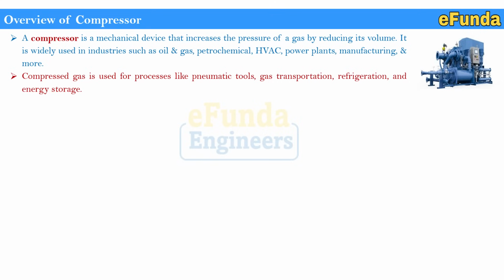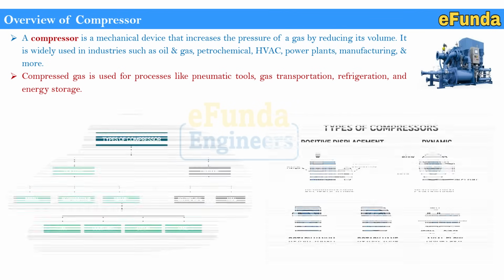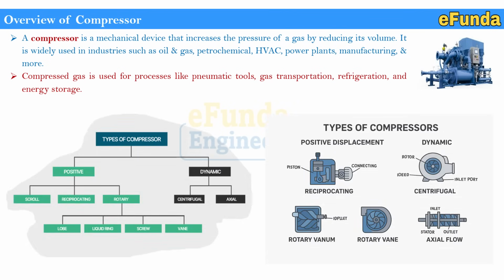One can refer to the picture below where the different types of compressors are shown. Here the classifications are positive type and dynamic type. Positive type is further divided into scroll, reciprocating, and rotary type. Rotary is further classified into lobe, liquid ring, screw and vane, whereas the dynamic is divided into centrifugal and axial type.